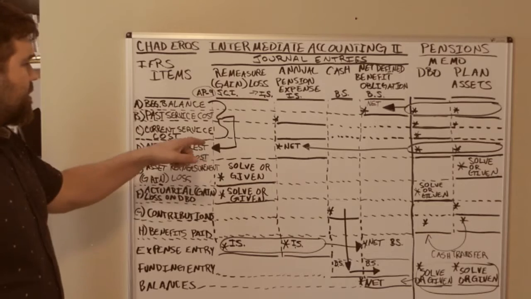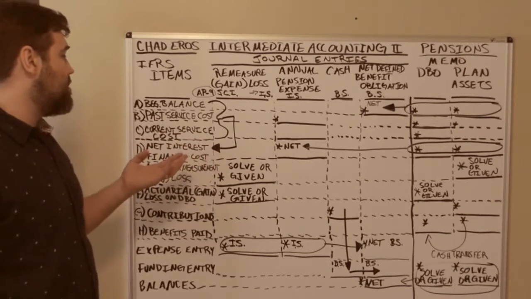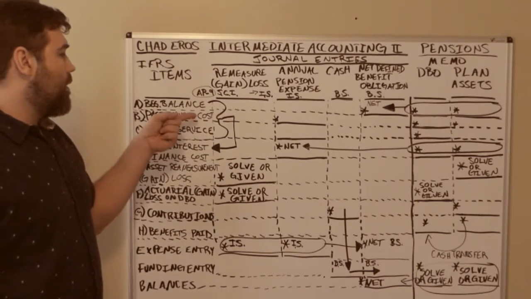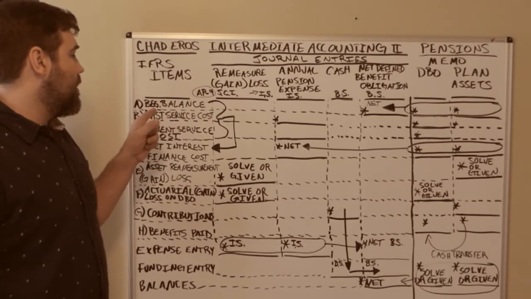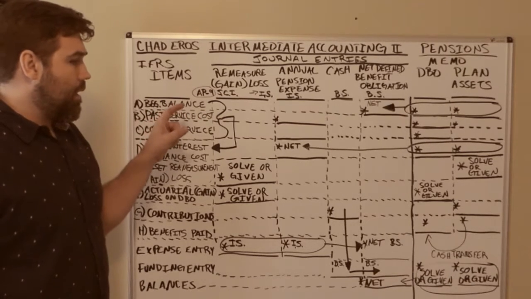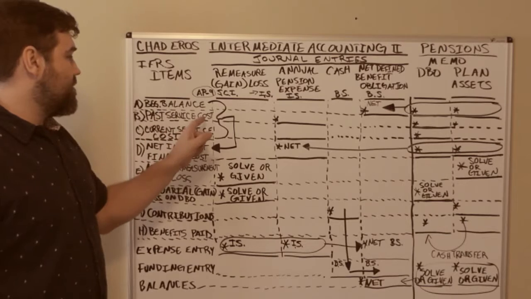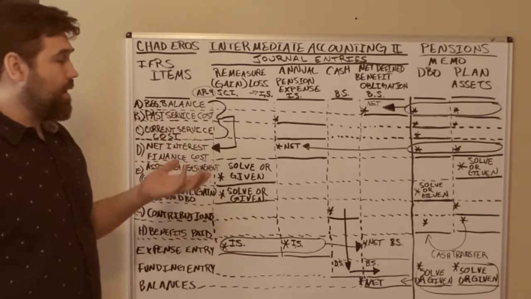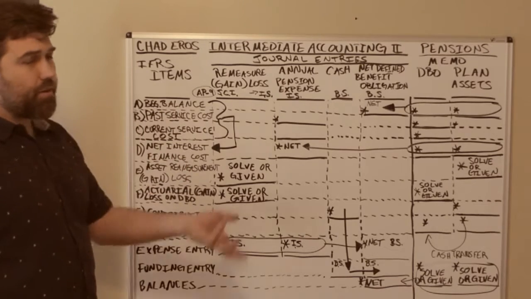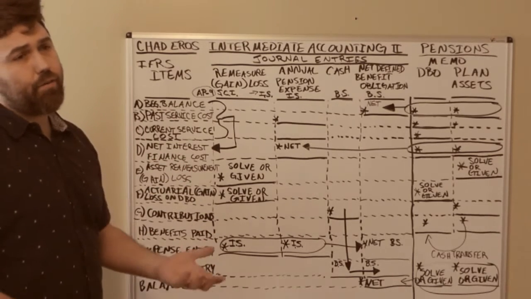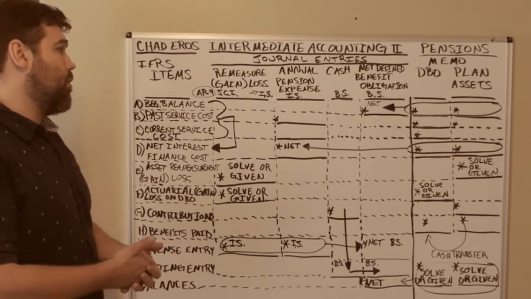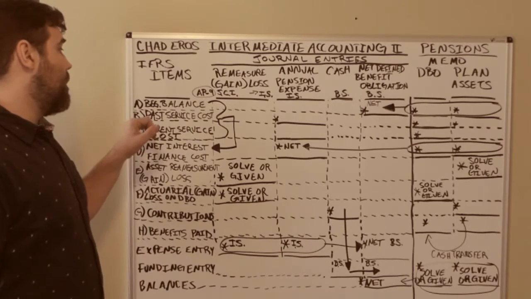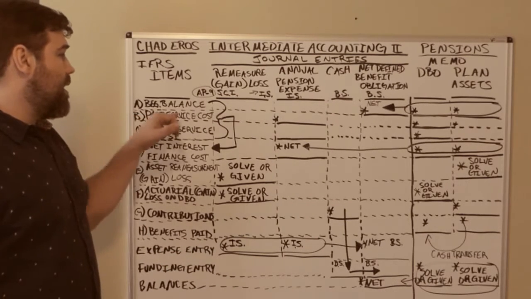The reason why I did that is because in the question you have to pay attention to whether or not you're going to have a full year of interest calculated on the past service cost or the current service cost. So the question might say that the pension was changed, there was a fundamental change to the commitment made for retirees, and that commitment was made at the beginning of the year.